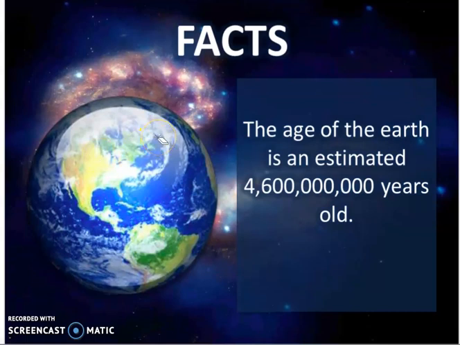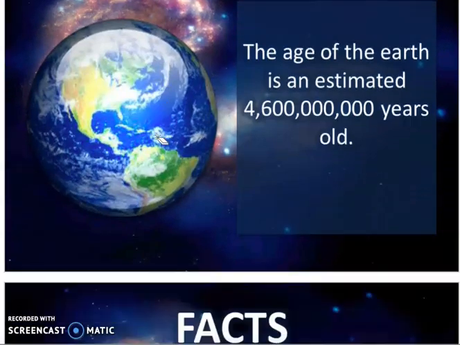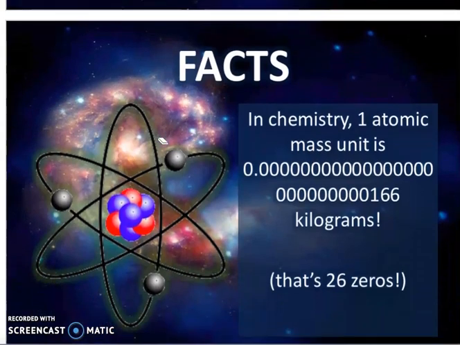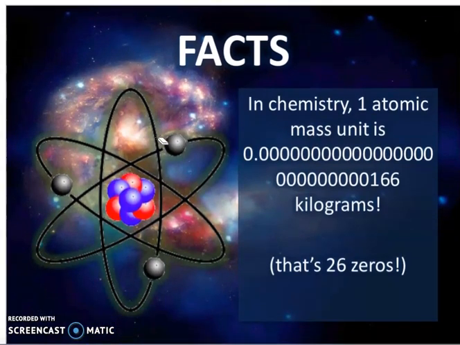Facts. The age of the Earth is an estimated 4,600,000,000 years old. In chemistry, one atomic mass unit is 0.0000. You get it? There's a lot of zeros. There's 26 of them. I'm not going to say all of them. It's a very, very small number.